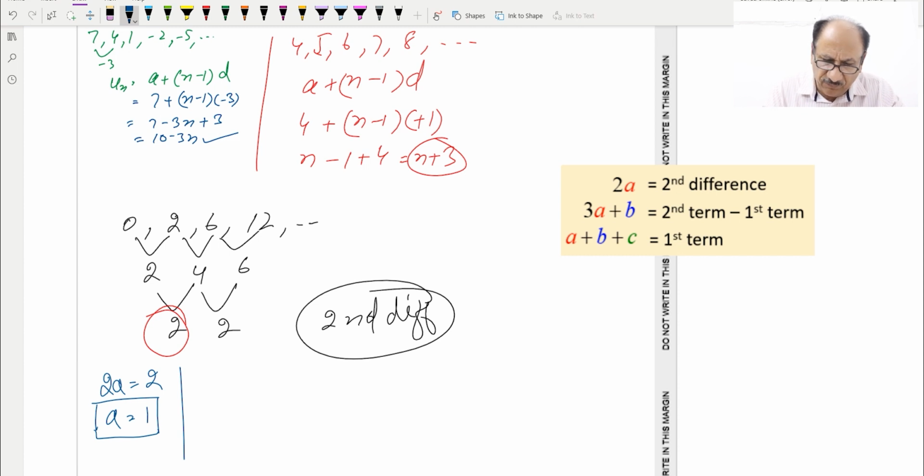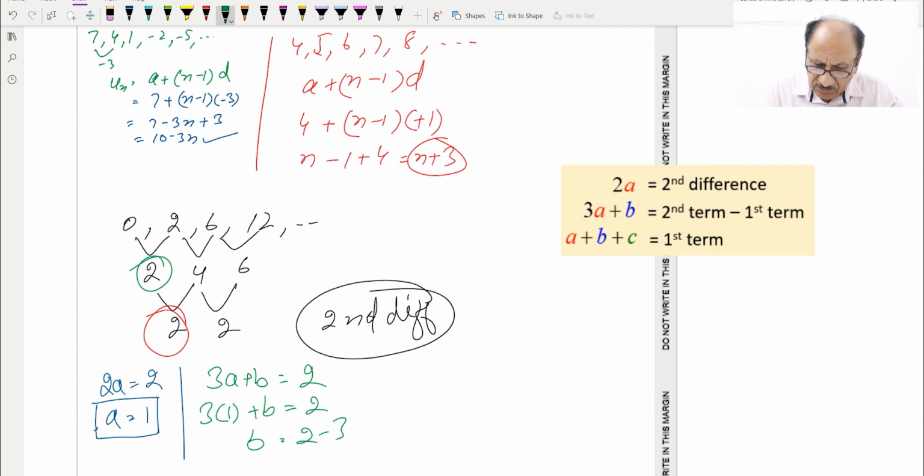The first difference will also be 2 in this case. So we write 3a plus b is equal to 2. The a value is 1, so we replace it, 3 plus b is equal to 2. So b is equal to 2 minus 3, which is equal to minus 1. So the b value is equal to minus 1.